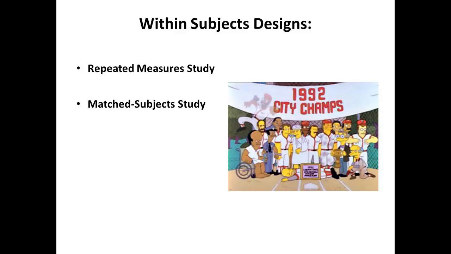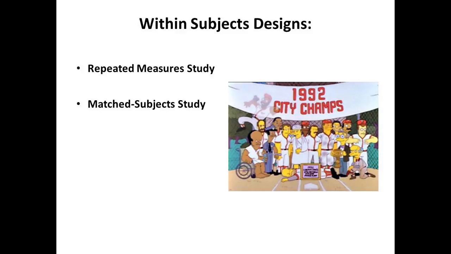The matching is done so that the two individuals are nearly equivalent with respect to specific variables that the researcher would like to control. It's usually things like age, gender, race, etc. So it's really more about making sure that people are similar in some way, that they're matched or paired, which is what you're doing in a matched subject study.